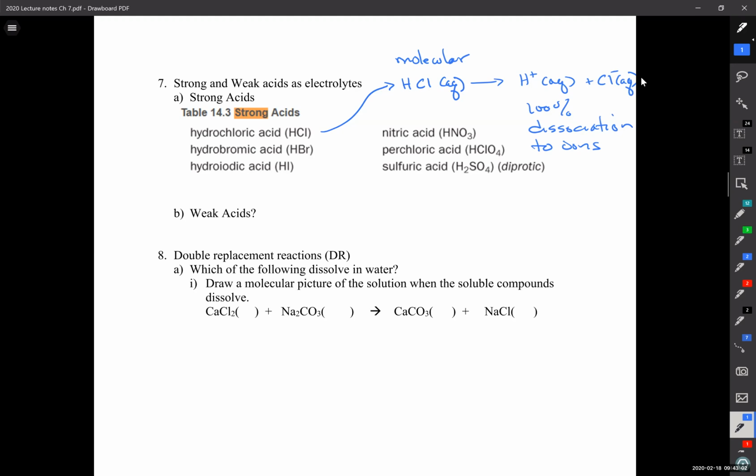Which ones are the weak ones? All the other acids in this class that you see will be weak acids. So you memorize this instead of memorizing the whole list, because there's a lot of acids that you could have. These are the strong ones. Weak acids, that's everything else.